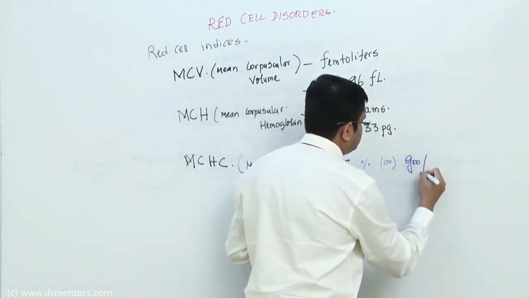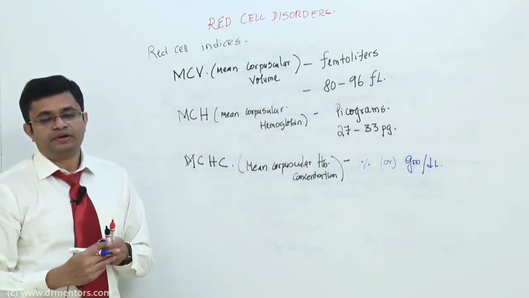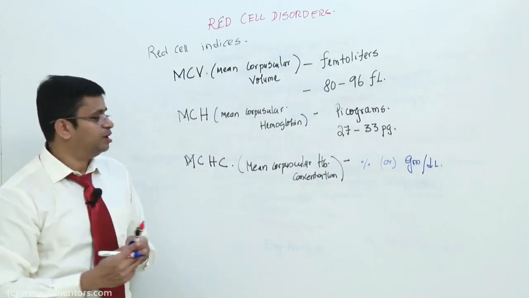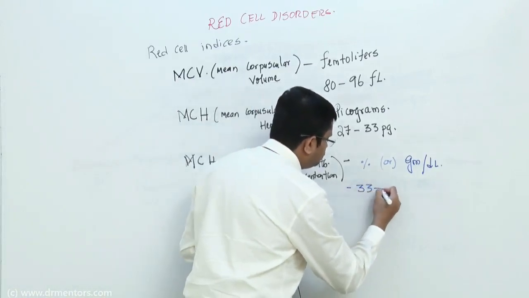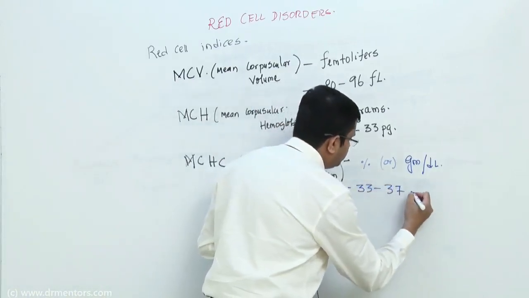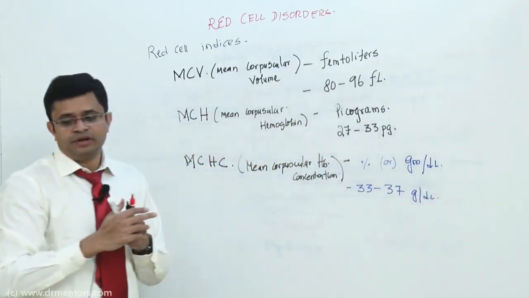It will be around 33 to 37 grams per deciliter.